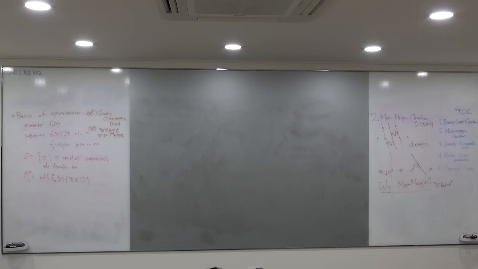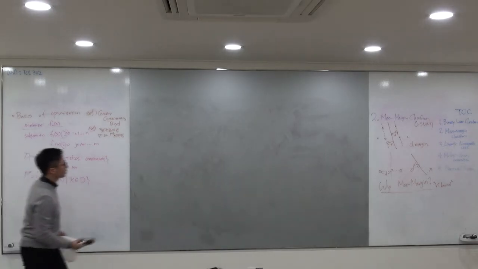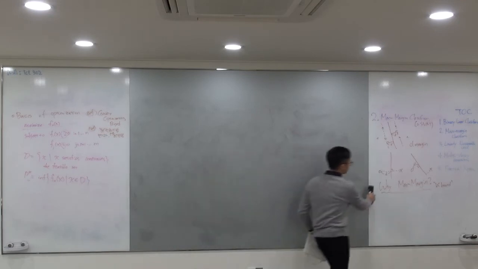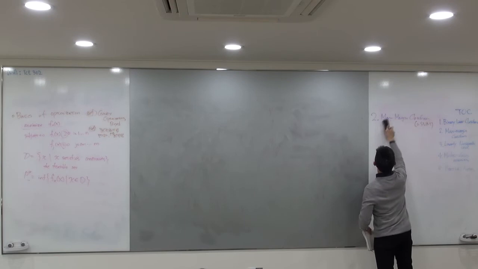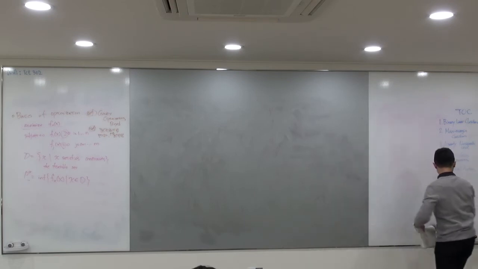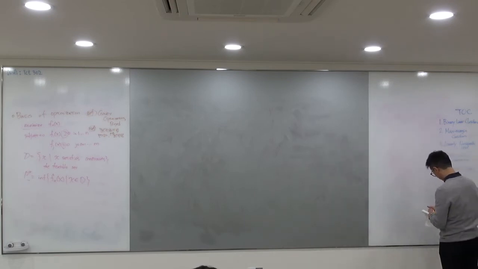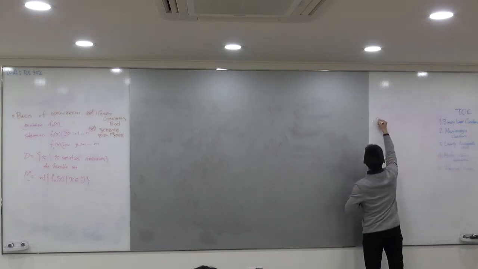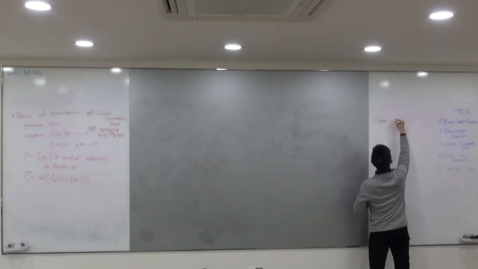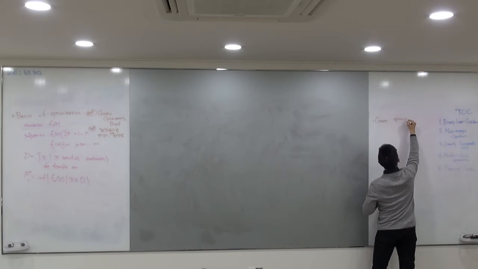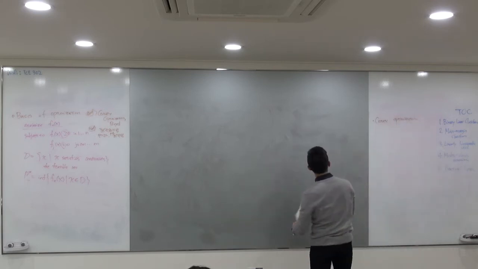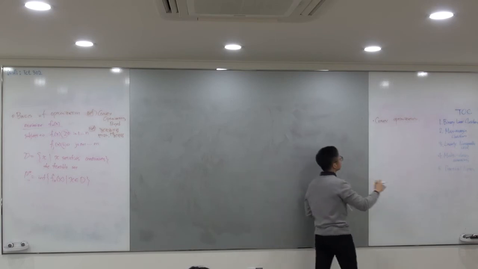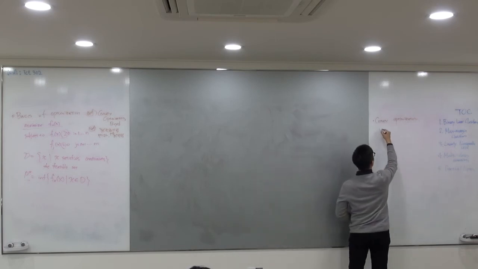among this kind of general optimization problems, there are special kinds of optimization, which is called convex optimization. Convex optimization, the specification of convex optimization is quite simple.